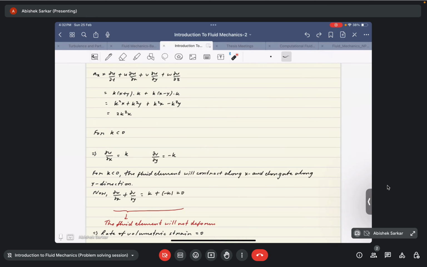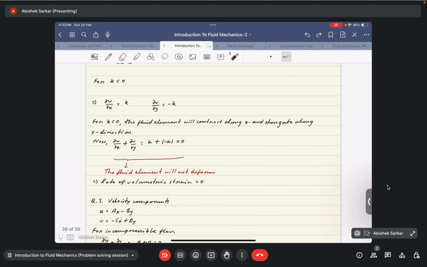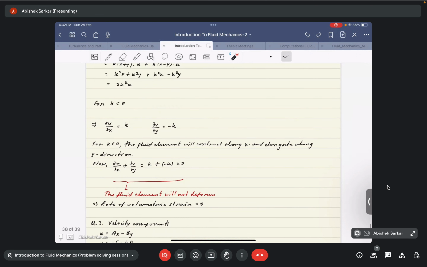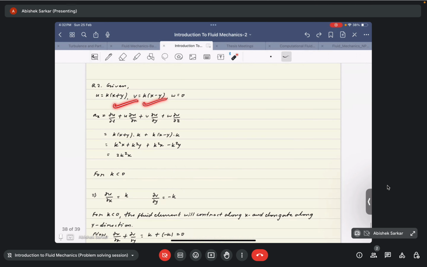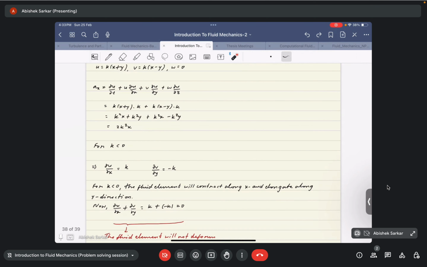So we individually find the value of the linear strain rates along the x and y direction, which would be given by dou u by dou x, which is equal to k, and dou v by dou y is equal to minus k, which we got from these expressions. Just take the partial derivative of u with respect to x and partial derivative of v with respect to y. And it is said that k is less than 0.